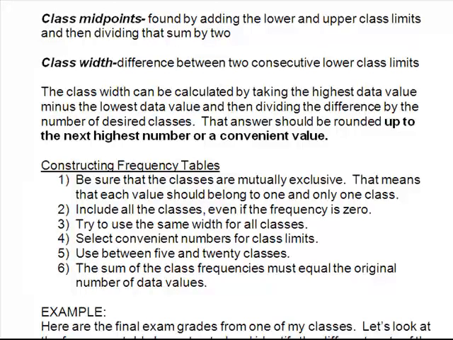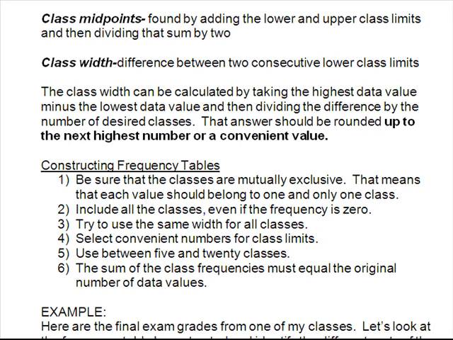One way to calculate the class width, if you're not directed what to use for the class width, is to find the difference between the highest and the lowest data values and then divide the difference by the number of desired classes. Just remember, when you're making a frequency table, you want between 5 and 10 classes.